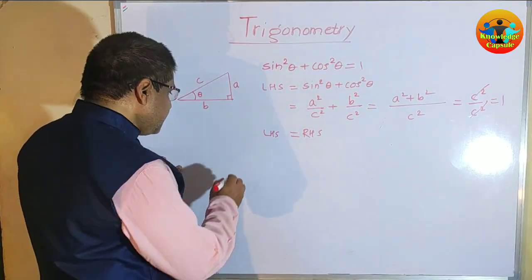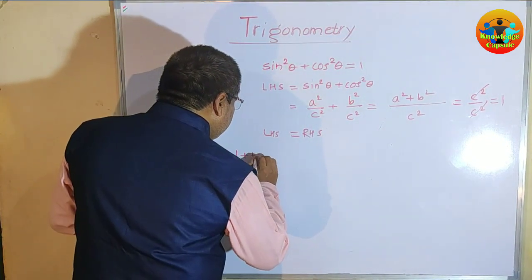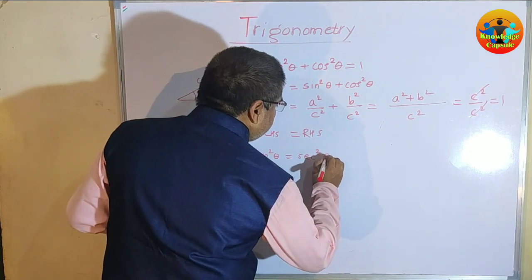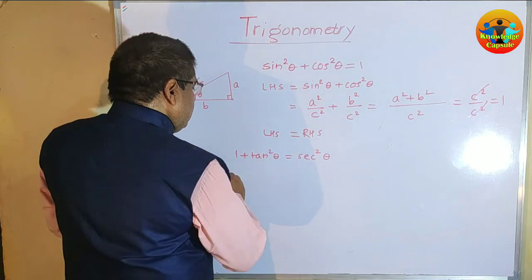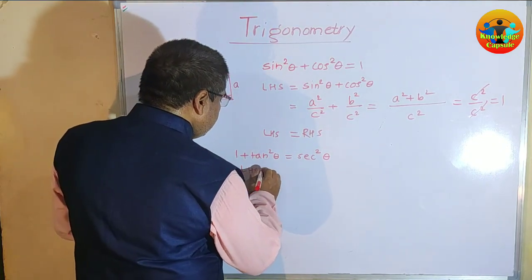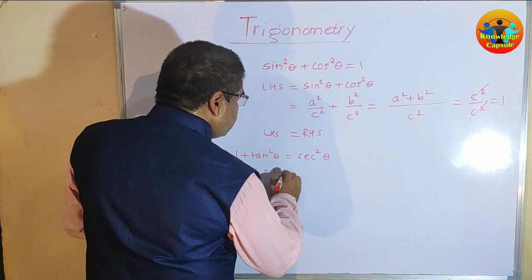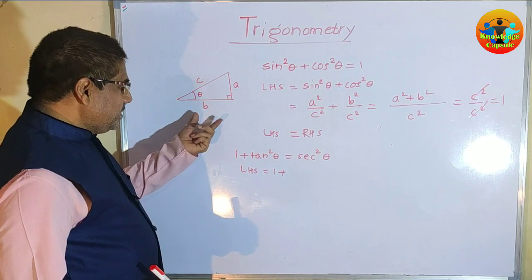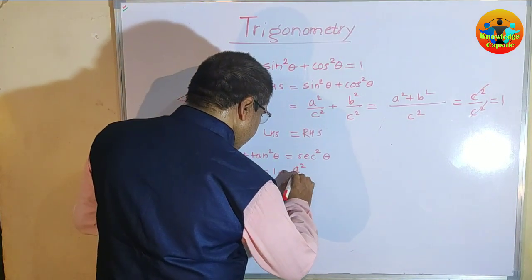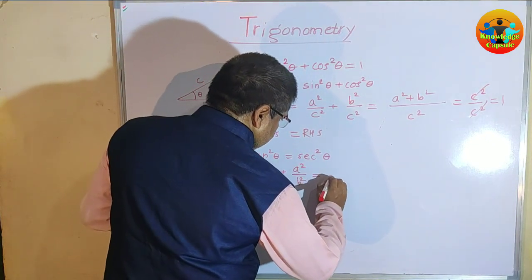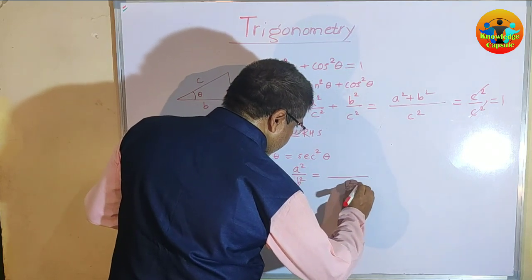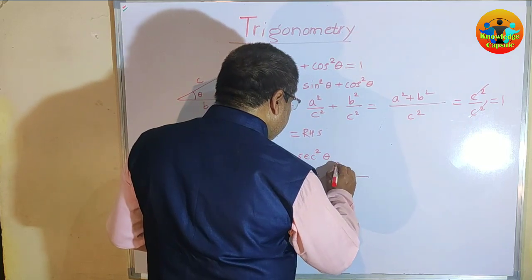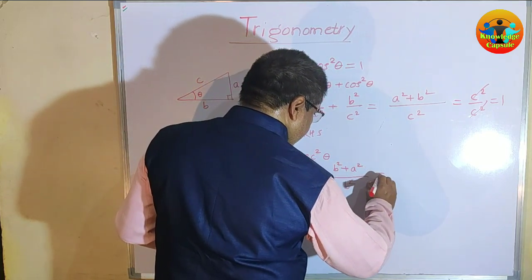The next relation is 1 plus tan square theta is equal to sec square theta. Again, let us take the left hand side of the equation. 1 plus tan square theta means 1 plus A square by B square. Again, we will take B square as LCM. In the numerator, we will get B square plus A square.